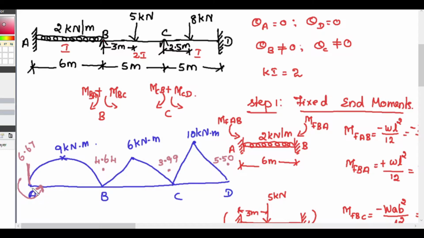That means this moment is a negative moment, when you are taking this section, the left anti-clockwise. So it is 6.67 here. Now, at B, it is minus 4.64 and plus 4.64. We will draw it later.